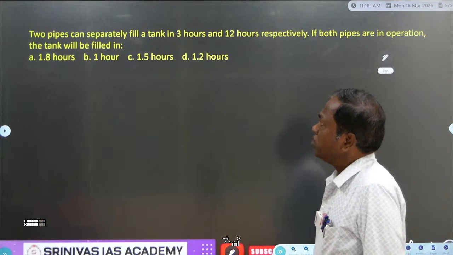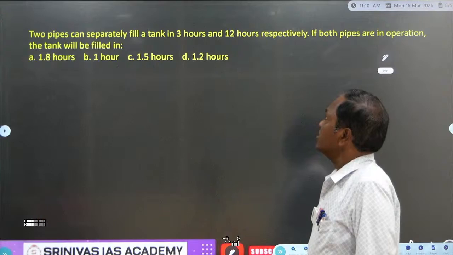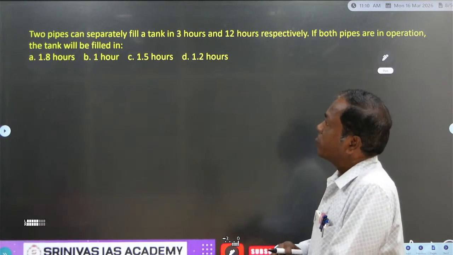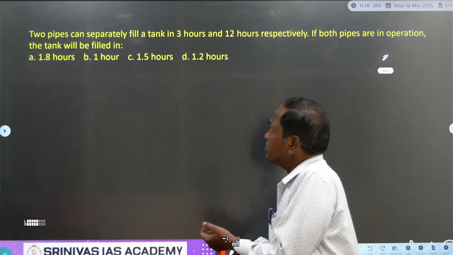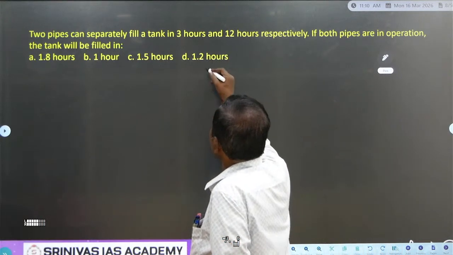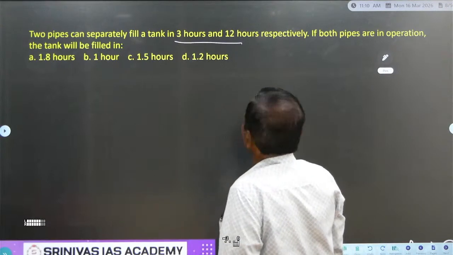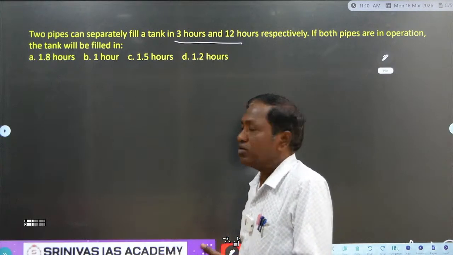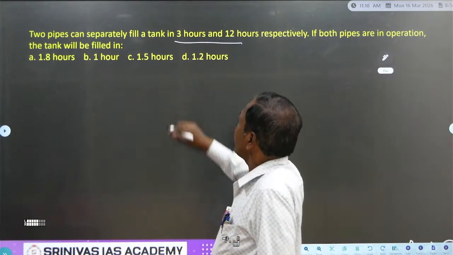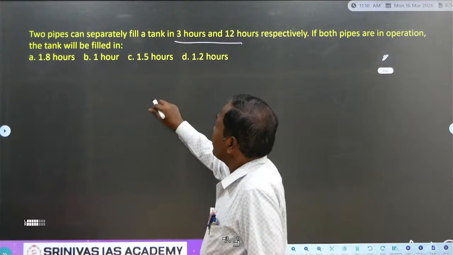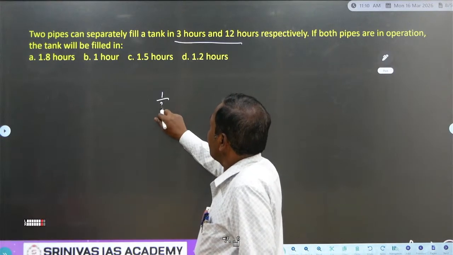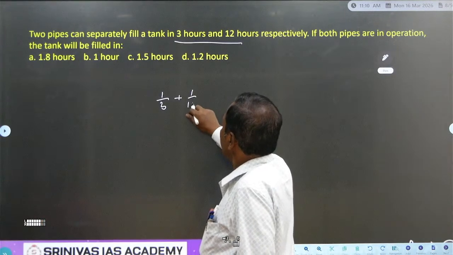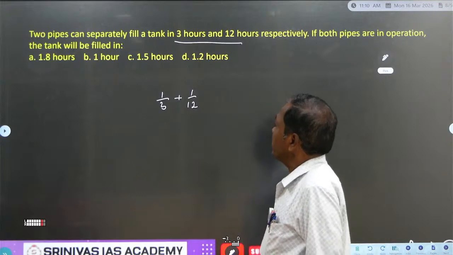Now, 2 pipes can separately fill a tank in 3 hours and 12 hours respectively. If both the pipes are in operation, the tank will be filled in. Again, but this is speaking in hours. 1 hour work of pipe A and 1 hour work of pipe B. One pipe is 1 by 3, plus another pipe's 1 hour work is 1 by 12.